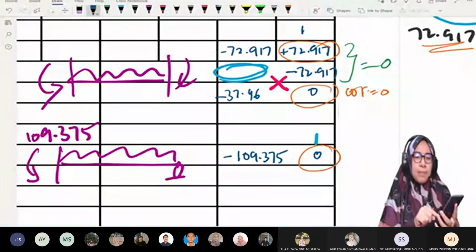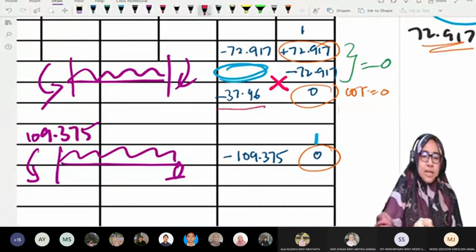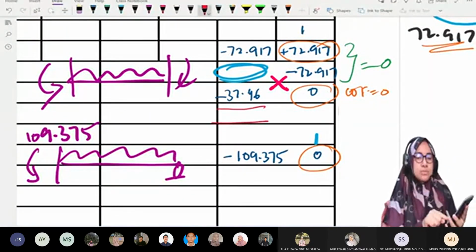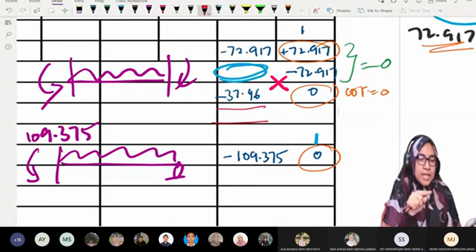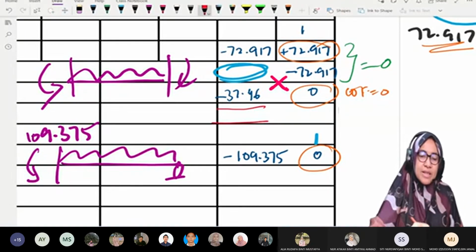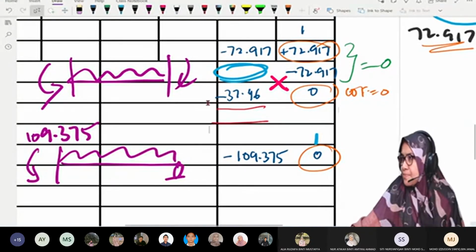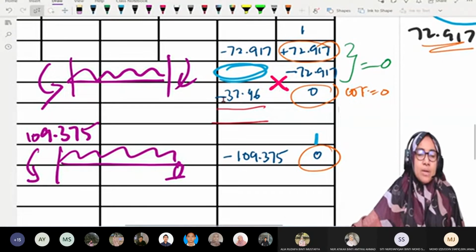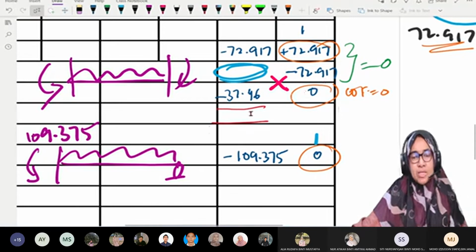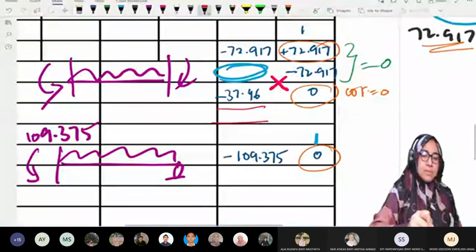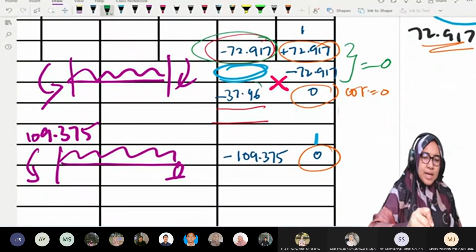Okay, you dapat tak balik yang atas ni, bila totalkan, dapat tak balik yang bawah tu? Dapat tak? Negative 72, because yang ni factor 0.5, that's why you get 37 ni. You get from negative 72.917 times with factor 0.5. Then you get negative 37.996. Okay, so total dua ni, totalkan yang ni dengan yang ni.